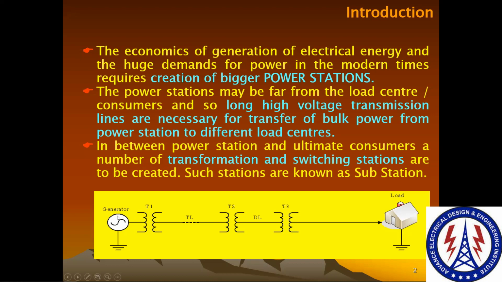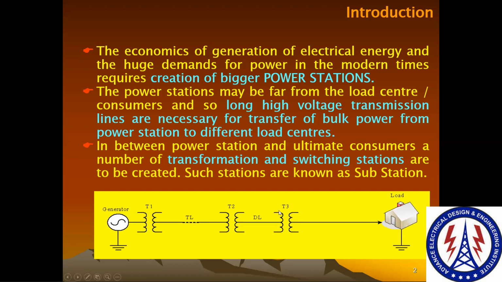Generation we do generally from 6.6 kV to 16 kV, at lower voltage. And then the transmission we do at higher voltage, just to minimize the losses and to minimize the conductor size.